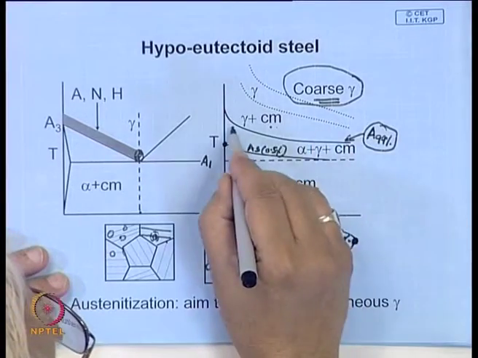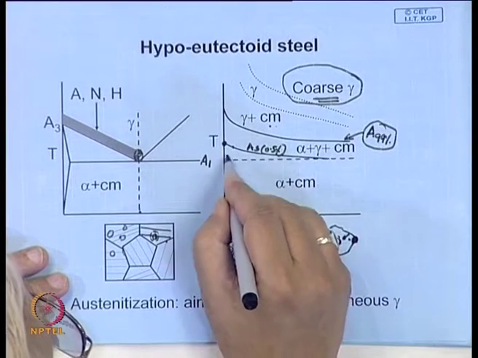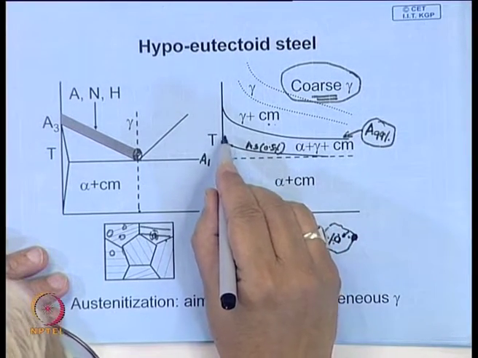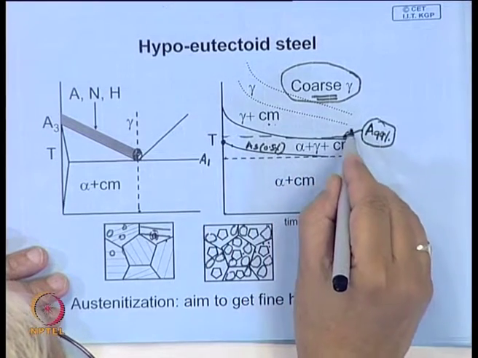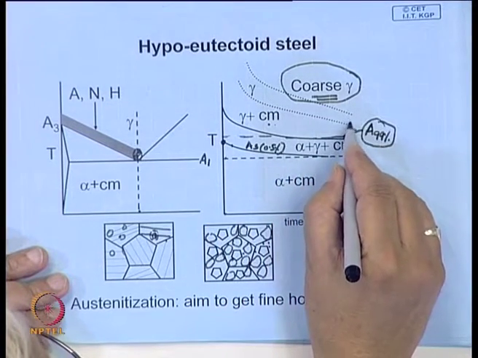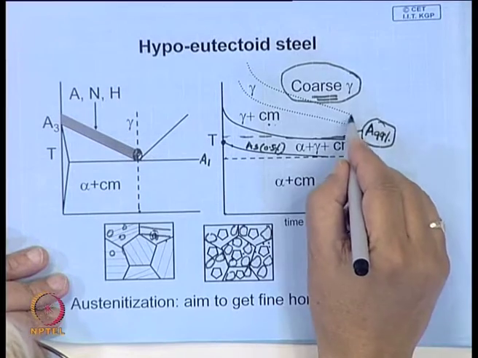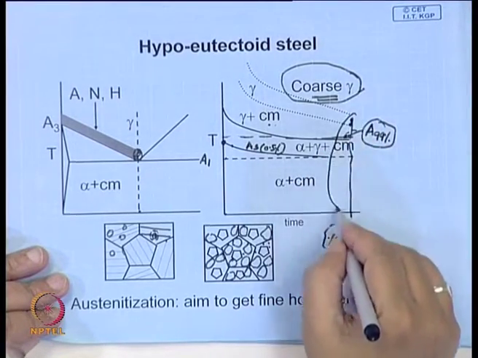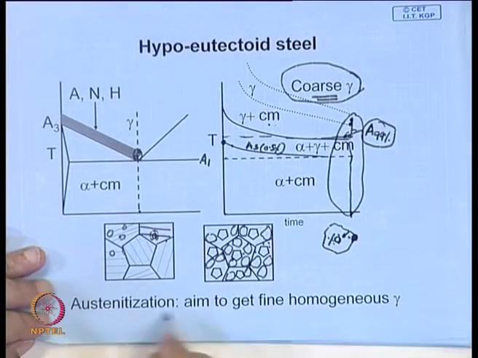You will keep the temperature maybe 30 to 40 degrees centigrade above this, and maybe just over here, before grain coarsening starts, you have to stop the soaking, so that you get fine grains.